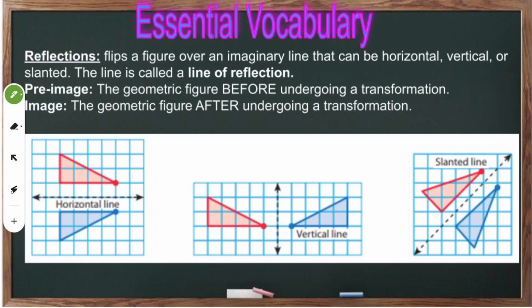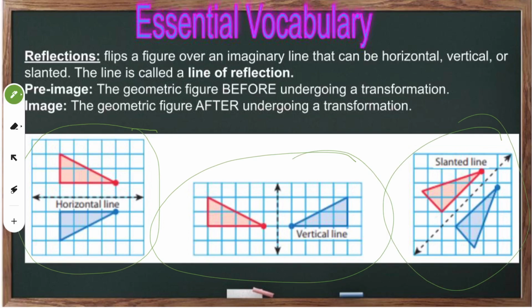So if we look down here, we can see three different types of reflections. In this first one here, the line of reflection is a horizontal line. The second one here, the line of reflection is a vertical line. And this last one here, the line of reflection is a slanted line.